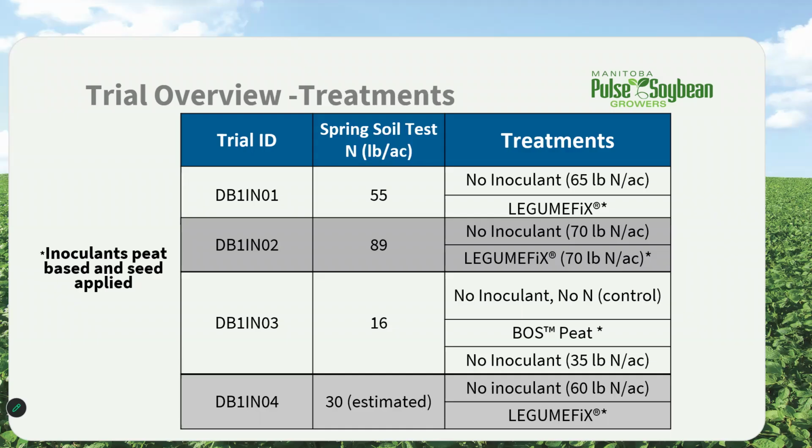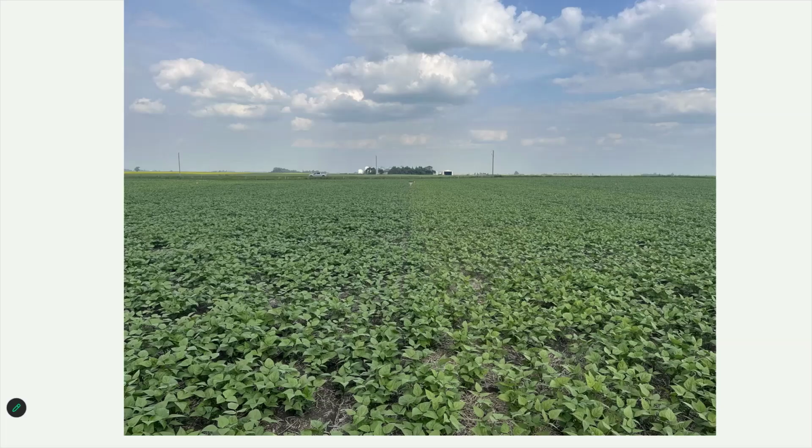Lastly, at O4, we didn't get a soil test, but we estimate it to be about 30 pounds per acre nitrogen, comparing no inoculant with 60 N compared to Legume Fix. And I'll point out that all of these inoculant products are peat-based and were applied directly to the seed.